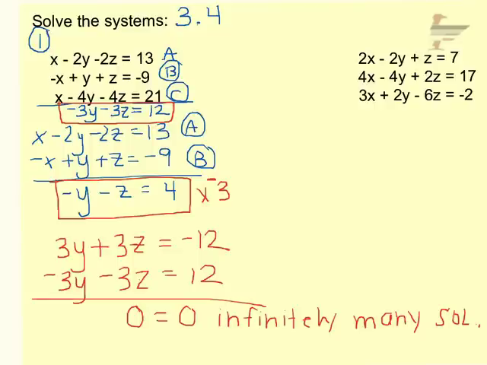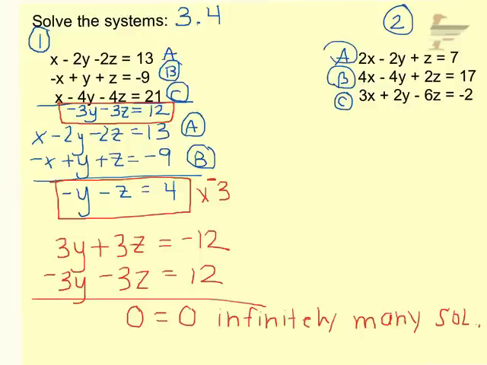Now if we go over here and look at number 2, take a second and decide what you think would be the easiest variable to eliminate. I'm going to erase my 2, put it up here, and call these A, B, and C again.